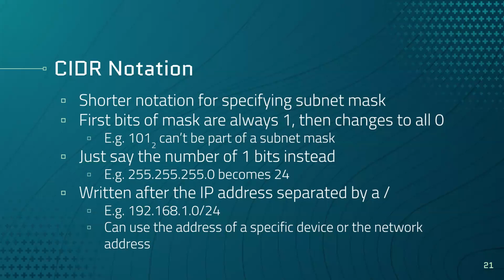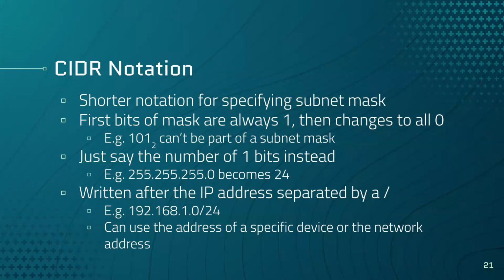For CIDR notation, we just say the number of 1 bits. So here that mask becomes 24, and we write it after the IP address separated by a slash. For example, we could write 192.168.1.0/24. That would mean we have a network containing this address, and the subnet mask would be this.